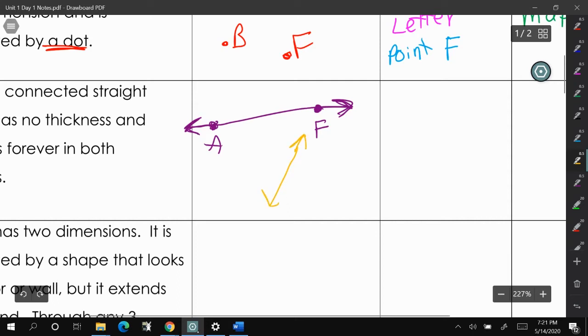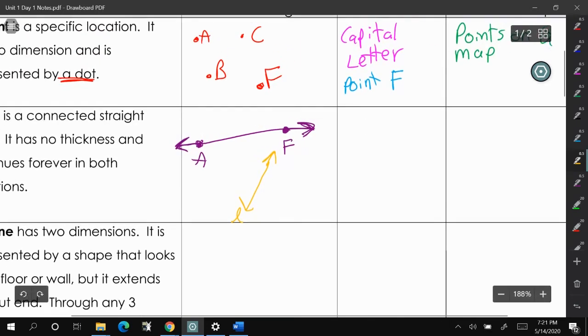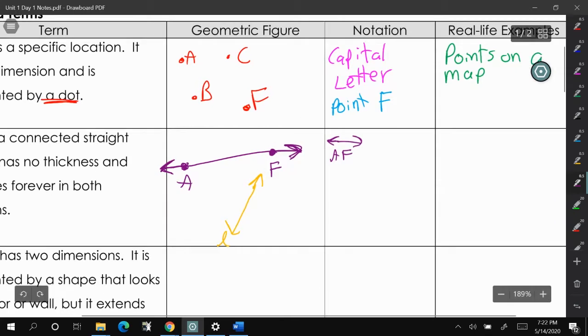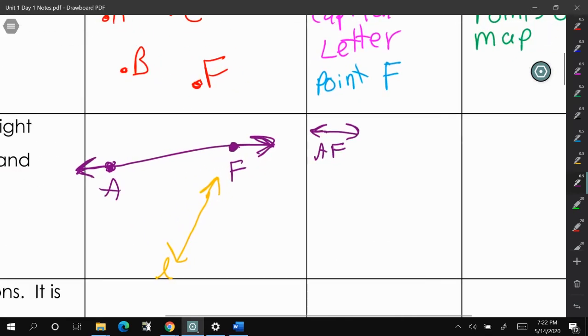You could also write it like that, with a lowercase cursive letter. So the notation, how you'd write about it, would be AF. Notice that we have the capital letters and the line above it, or you could go FA.